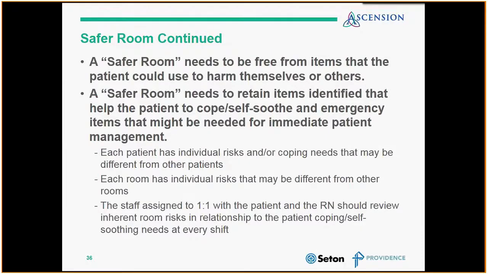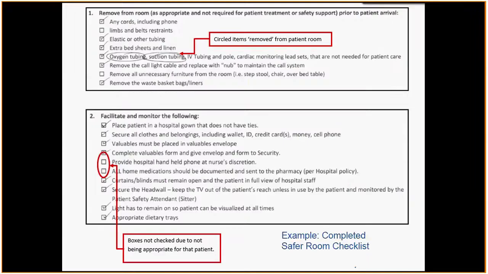A safer room needs to be free from items that the patient can use to harm themselves or others. It needs to retain items that help the patient to cope and self-soothe, and emergency items that might be needed for immediate patient management. Each room will be individualized based on that patient's needs, and you will work with the patient's nurse to complete the SAFER checklist.